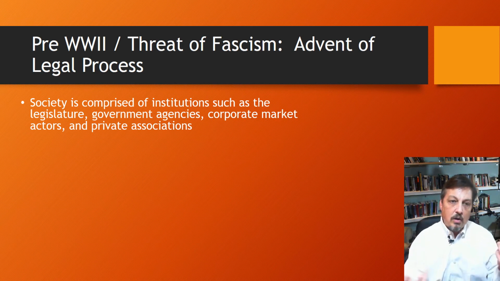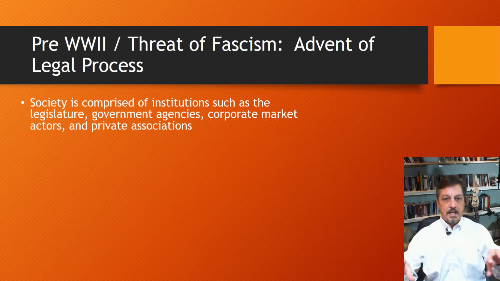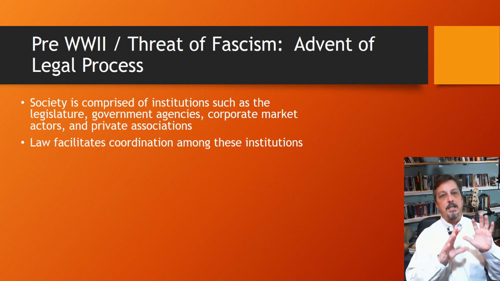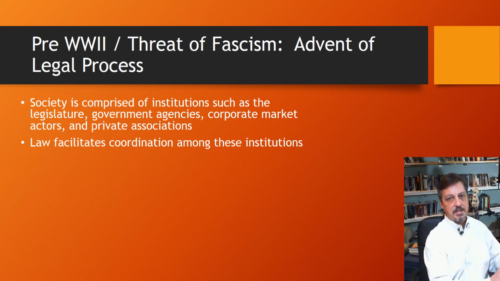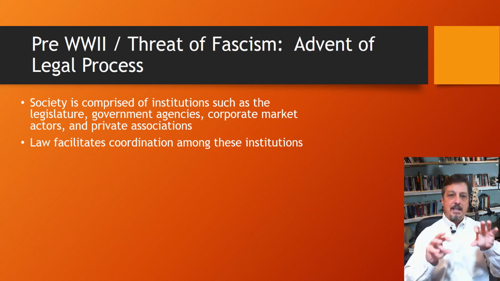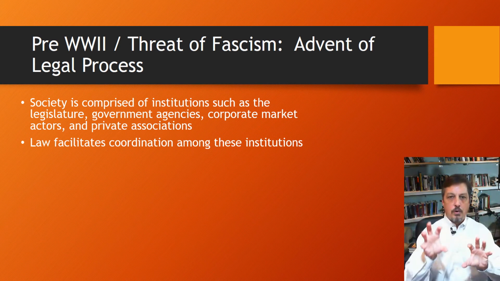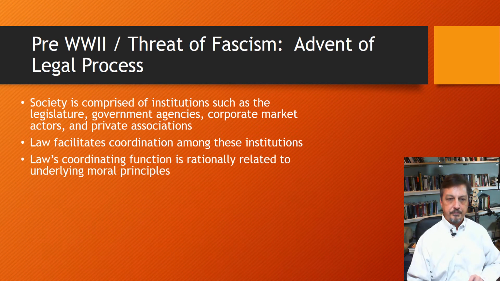So all of these things, corporate market actors, private associations, are different institutions within society. And what law does in this legal process, and this is why it's process, right? It's about process, not in terms of civil procedure so much, but the notion that law really serves this function of coordinating these different institutions within society. That, in this view, is really law's most important role.